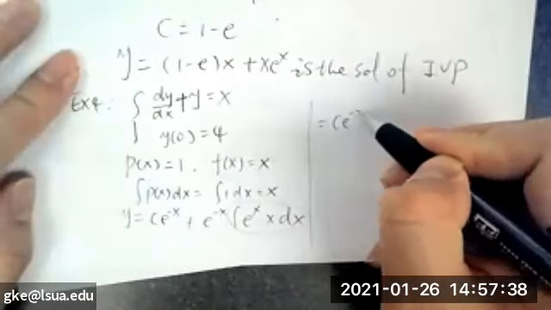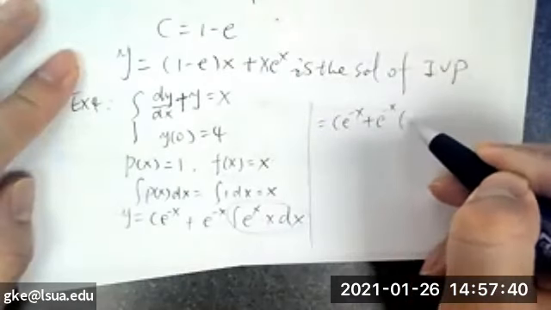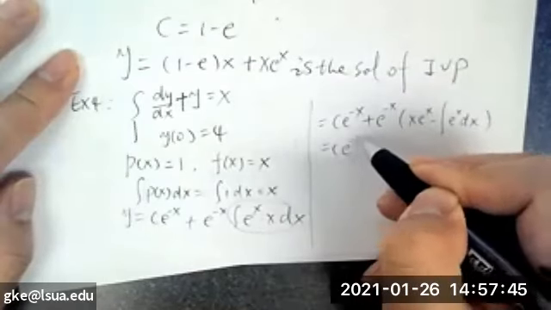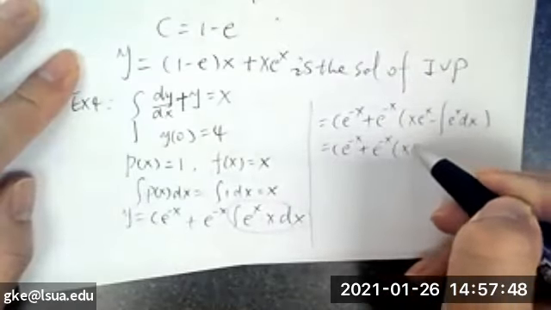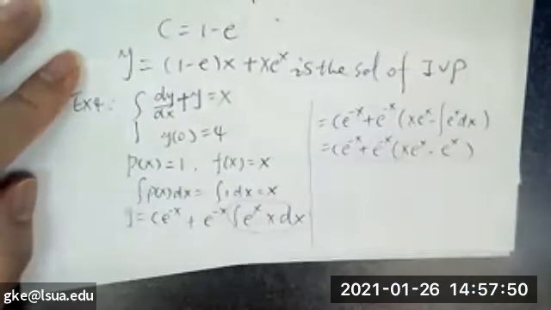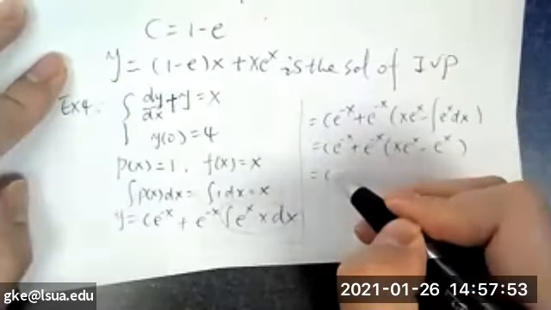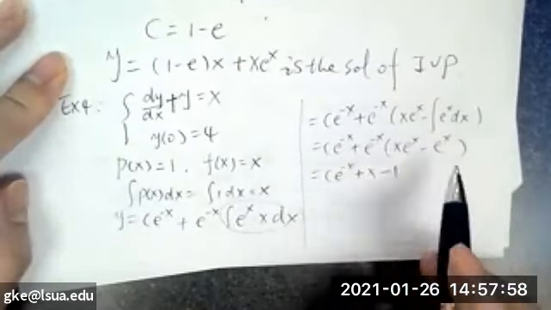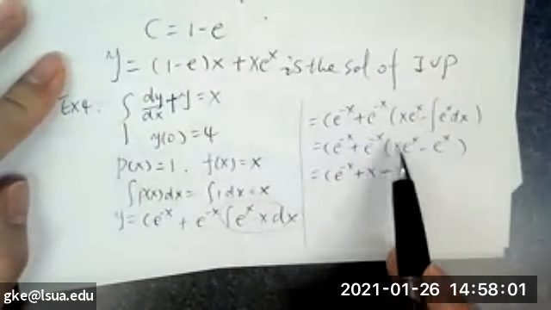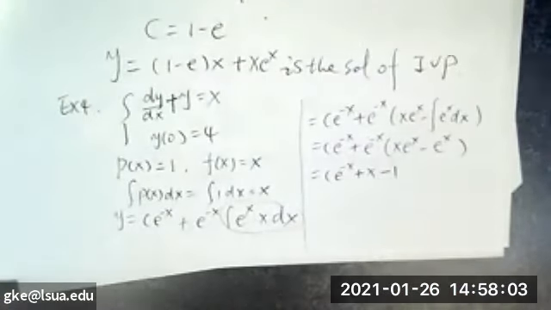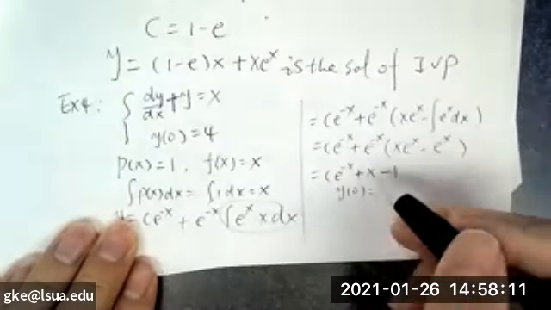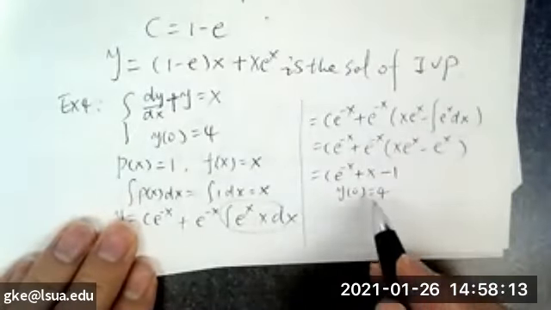So we have, and again, we can simplify it. This times this guy gonna cancel out, times this guy cancel out. We're gonna do this one. So that's the solution for the ODE. Now we're gonna use this initial condition, when x equals 0, y equals 4.